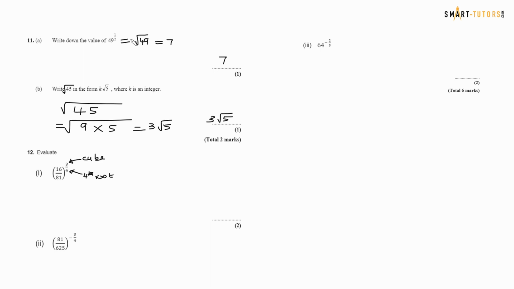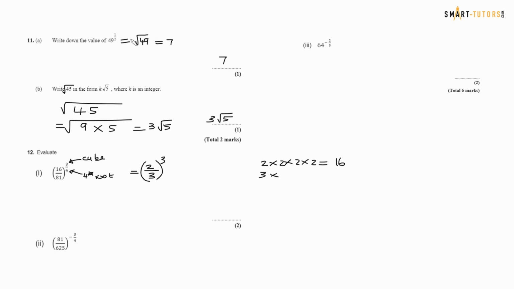So if you take the 4th root of 16 over 81, it is going to be 2 over 3 to the power cube. 2 times 2 times 2 times 2 is 16, so 16's 4th root is 2.